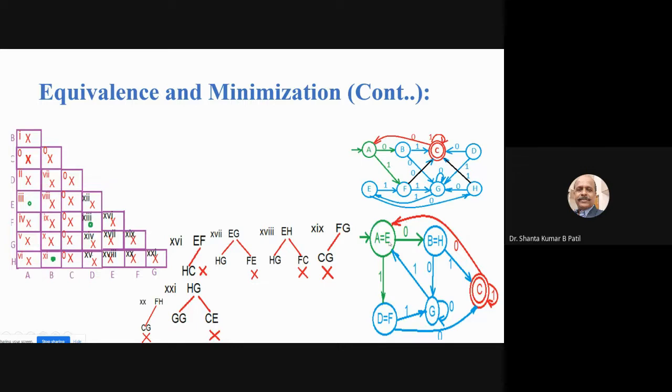A on 0 is B. Even E on 0 is H. Like that, A on 1 goes to D, A on 1 goes to F, and E on 1 goes to D. Then, like that, you can complete the outgoing transitions from B is equal to H. B on 0 goes to G, H on 0 also goes to G. So this is how we replace the 8 states by only 5 states. This concept is called minimization.